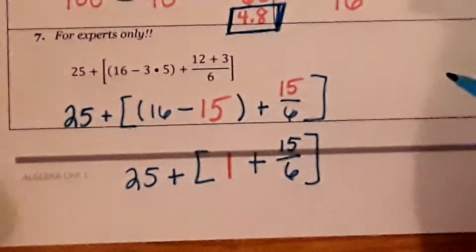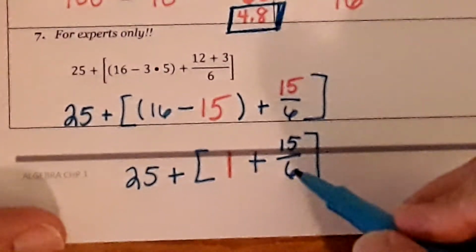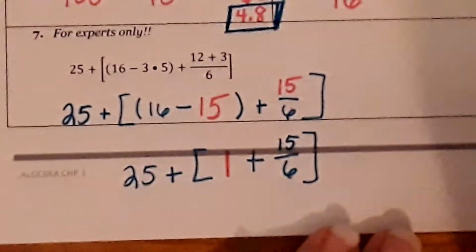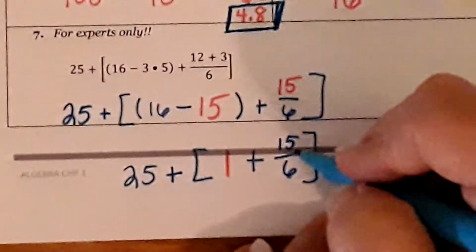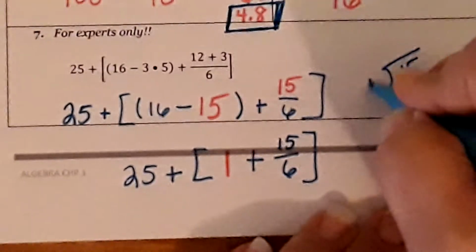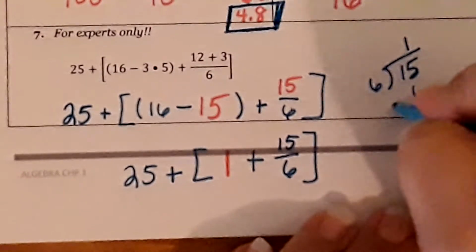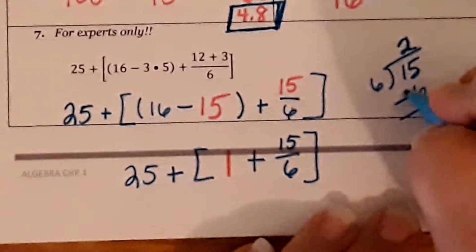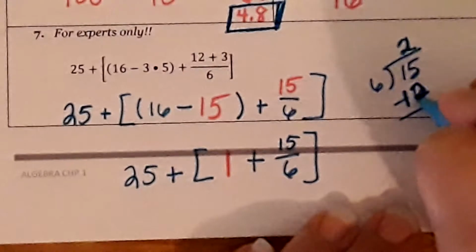So we need to add all of this. Well, you guys, 15 over 6, we're actually going to have to make it a mixed number. Do you remember how? How many times does 6 go into 15? Once? No, you guys, I lied. It goes in twice. Why did you let me do that? It goes in twice.